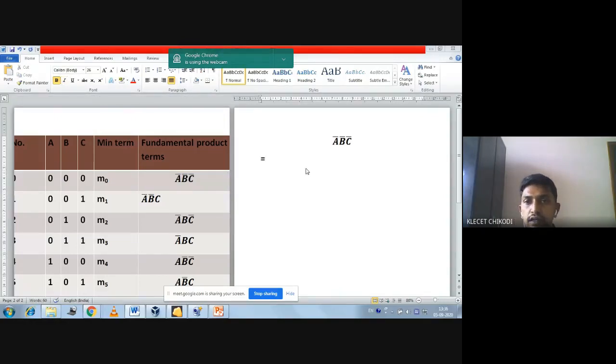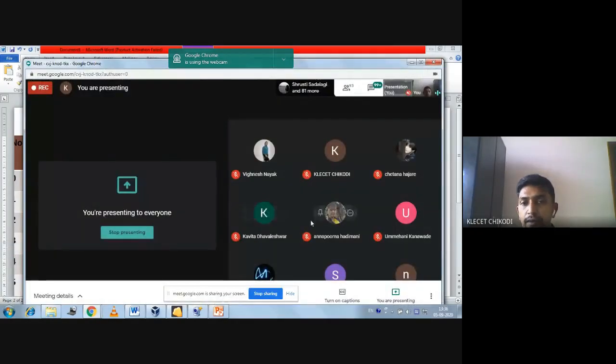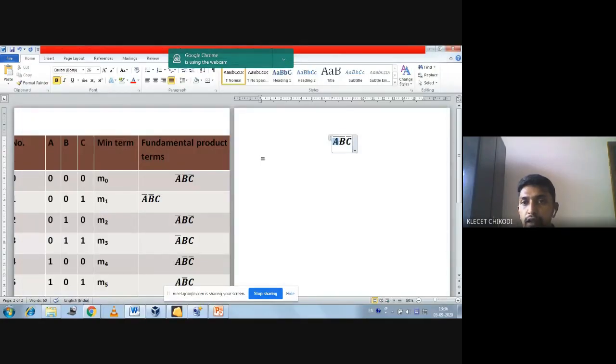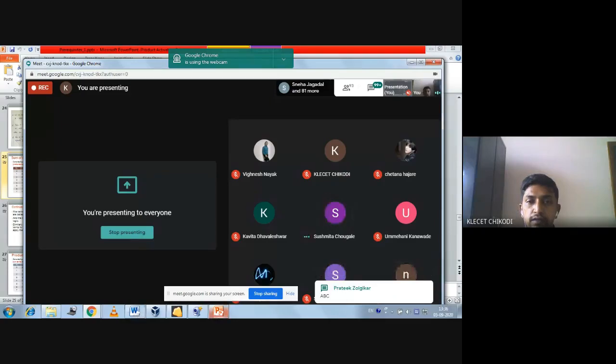If you apply the complementary theorem, what is the first step? That is the duality theorem. If you apply the duality theorem to this A bar, B bar, C bar, what will you get?